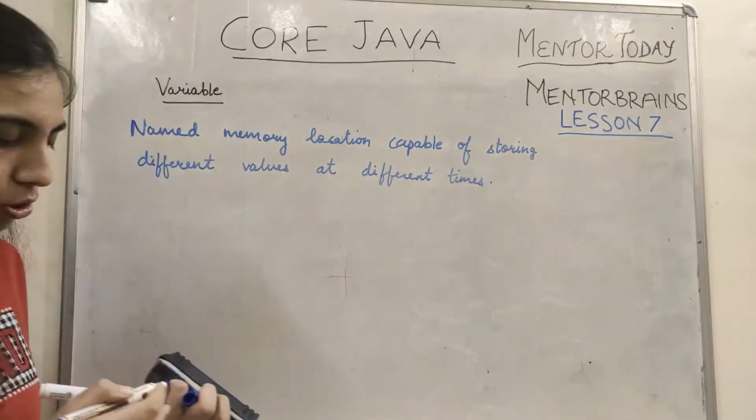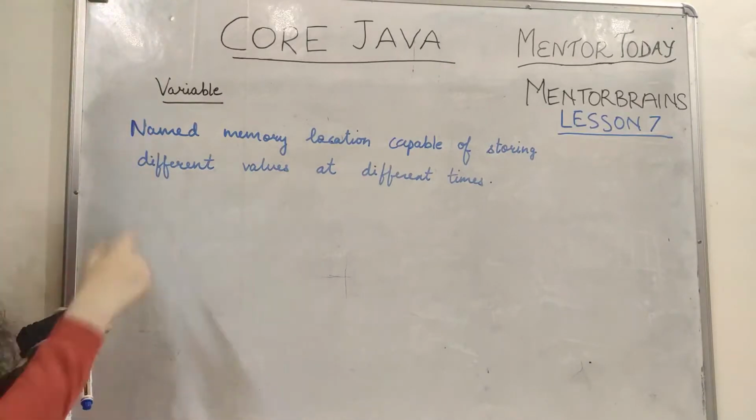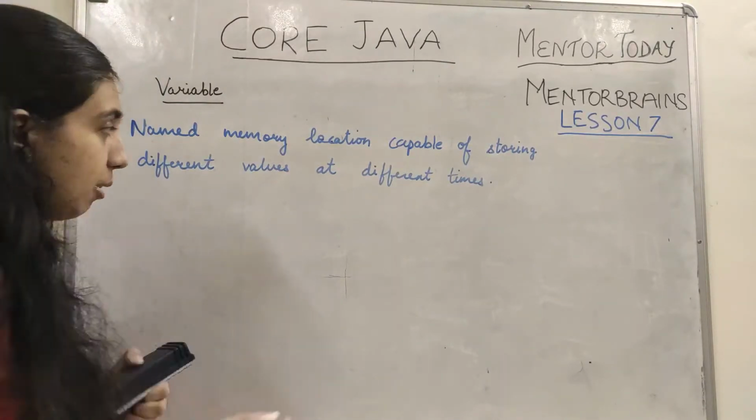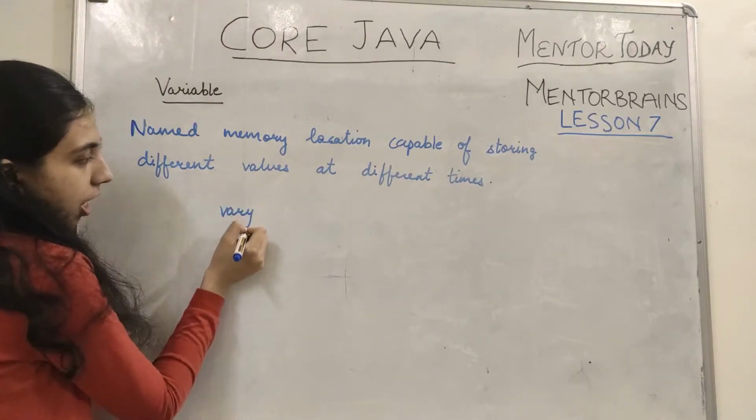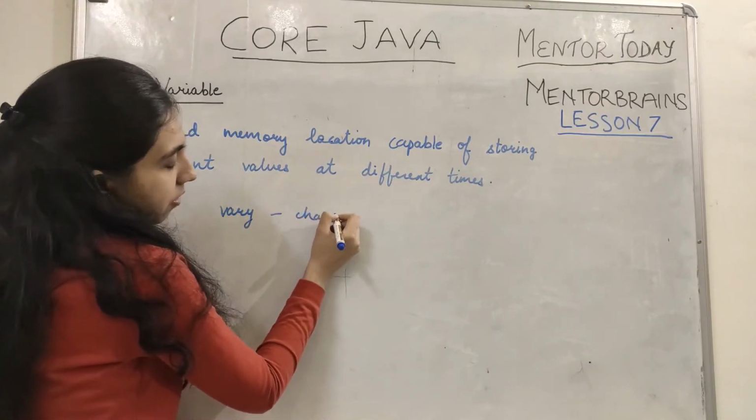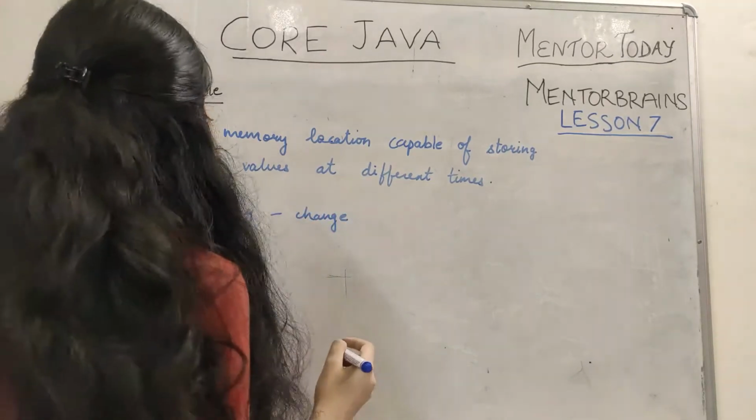Now in algebra also, in mathematics, you would have studied variables, and variable means vary, that means change. The thing which can change and whose values can change is a variable.